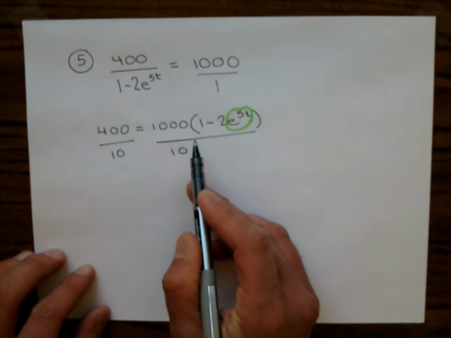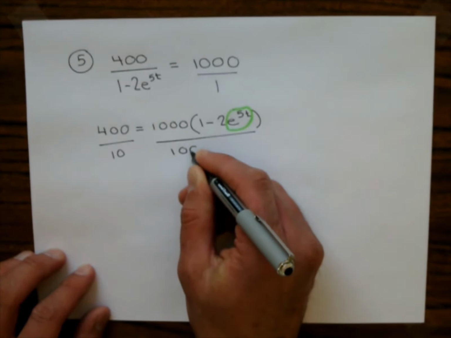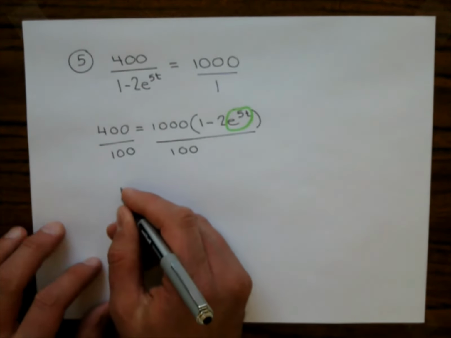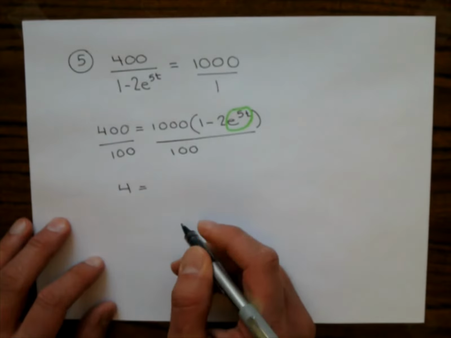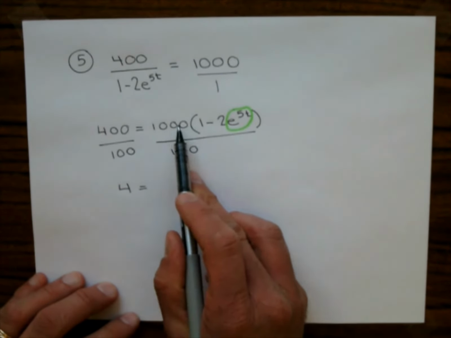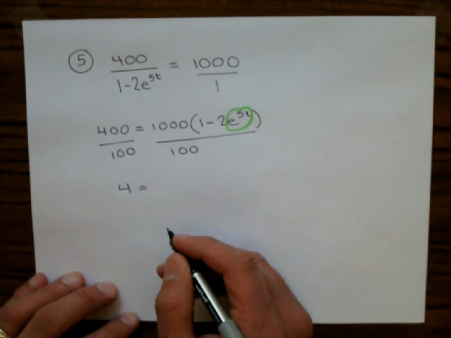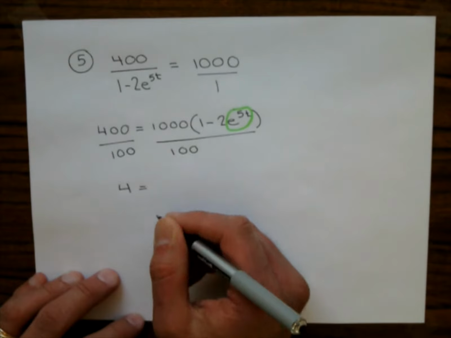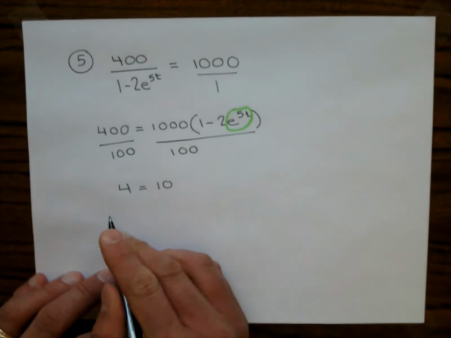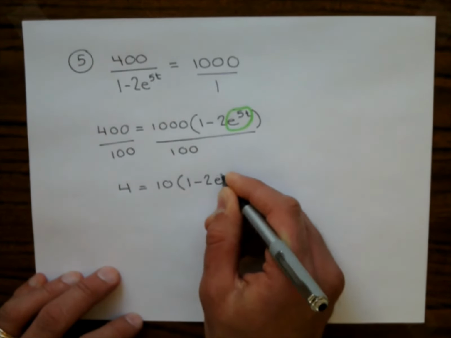And that will get rid of one of those zeros and one of those zeros. I might as well divide both sides by 100. And so this will give me 4 equals 10 times 1 minus 2e to the 5t. This is just a preference. You could have not done this and distributed the 1000 through, or divided both sides by 1000 if you want.